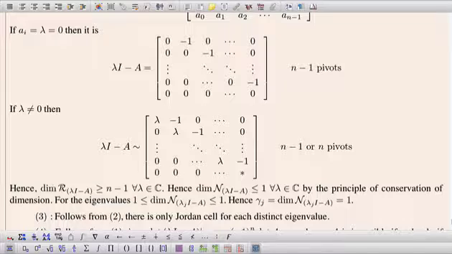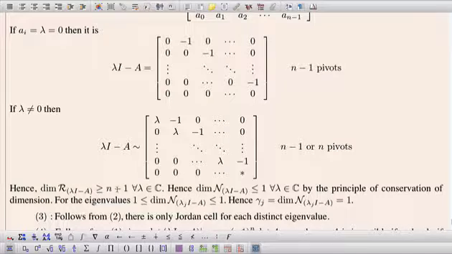So if you go back to the theory on the dimension of the range, it says that that's the dimension of the number of pivots. So that's either n minus 1 or n, which is greater than or equal to n minus 1. It doesn't matter what lambda is, if lambda is 0 or lambda is non-zero.